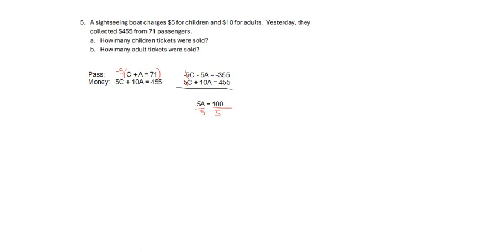So as a result, we get A equals 20. And when A equals 20, this means that yesterday there were 20 adults on the boat.